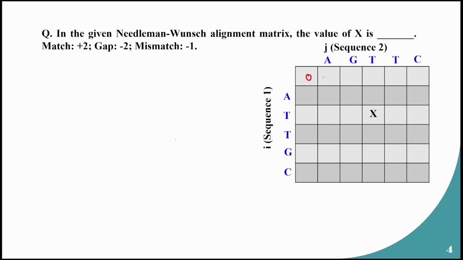So you put 0, and then -2, -4, -6, -8, -10, and so on. Same for this one, right? So continuously accumulating gaps, and then first you have to calculate for this cell, then this cell, this cell, this cell, and that's how you get to this x value.